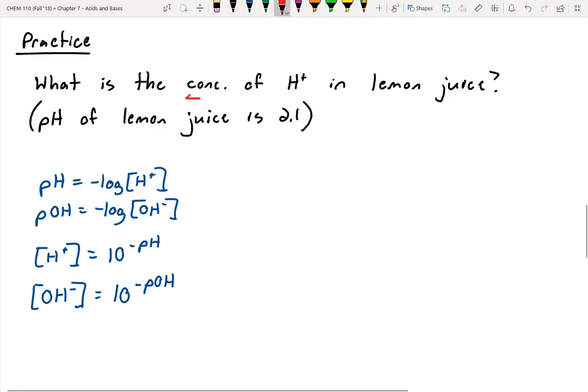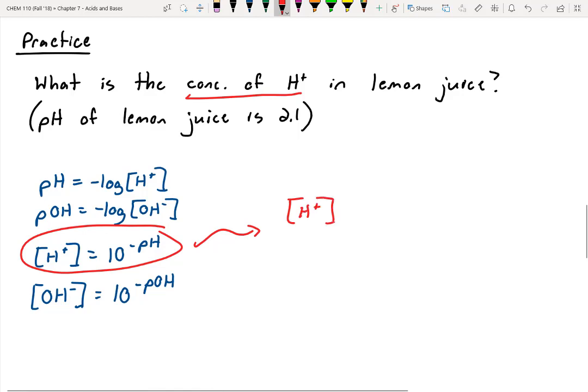So right now it says calculate the concentration of H+. To me, looks like this one's the only one where we have concentration of H+ isolated. So let's take this one out and say, all right, concentration of H+ is going to be equal to 10 to the negative pH, which we said the pH was 2.1, so it's going to be 10 to the negative 2.1.